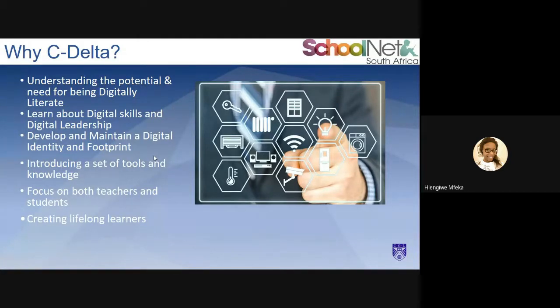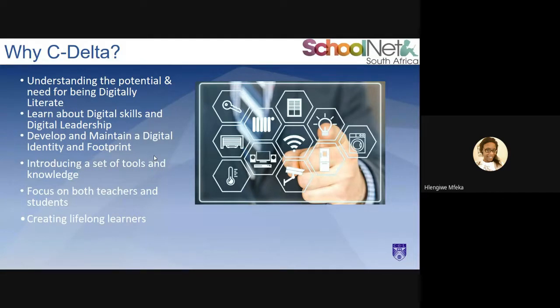So it's not just knowing that, oh yes, we are in the fourth industrial revolution, therefore we need to adapt to change. It is important that you have deeper insight of the potential as well as the need for being digital literate. That is the first benefit.